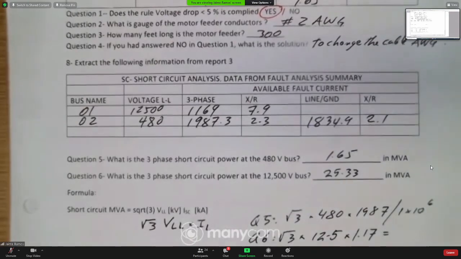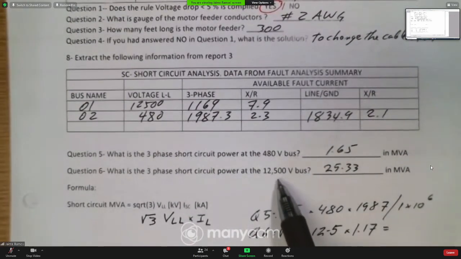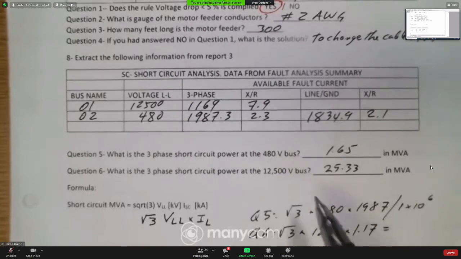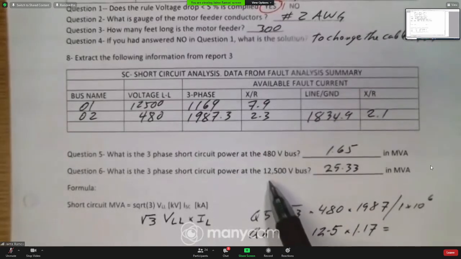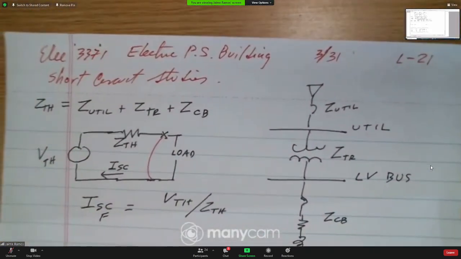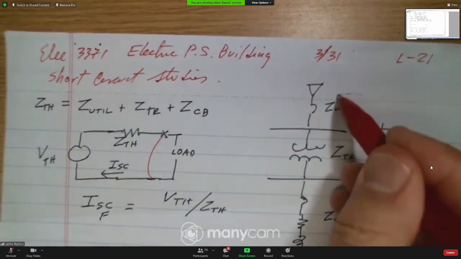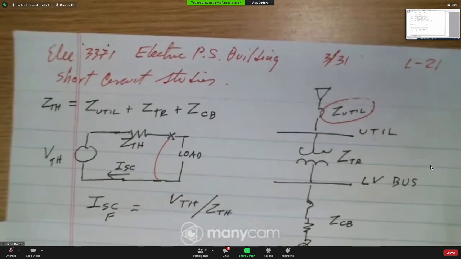Look, a lot of power in the short circuit at the bus on the top, the medium voltage bus. It makes sense. There is only this impedance limiting the short circuit.